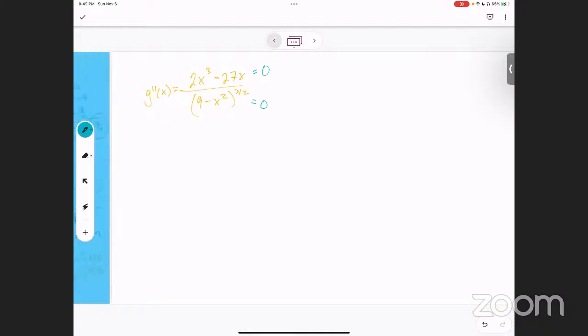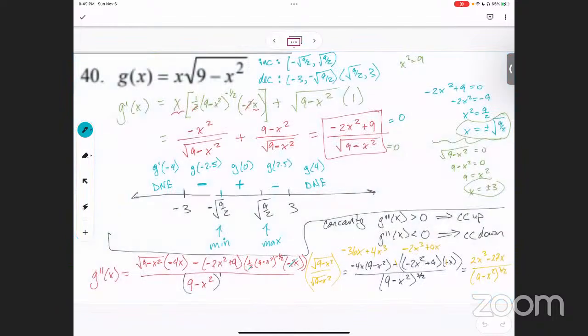And of course, I always should check, well, what's my domain? I still have to consider my domain. Remember how my original domain is what? My domain, which I should have thought of at the very beginning, which I didn't, is -3 to 3.